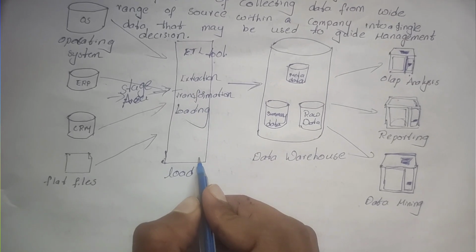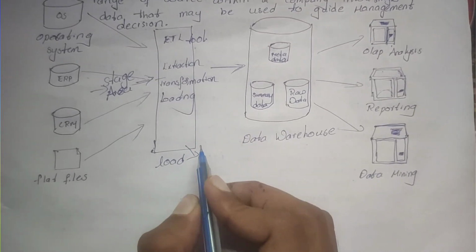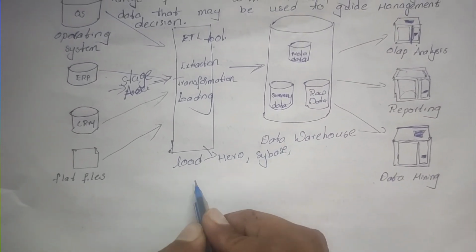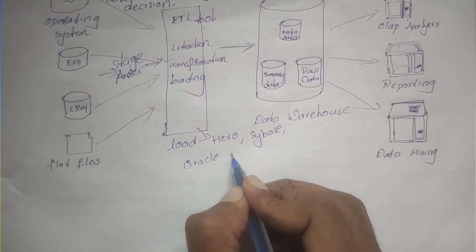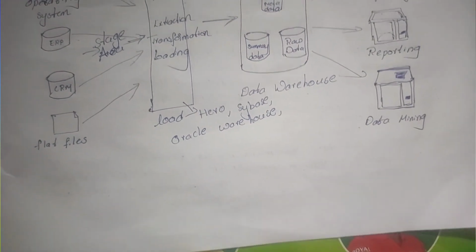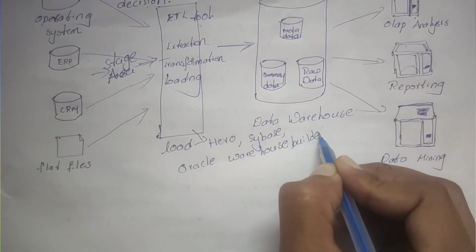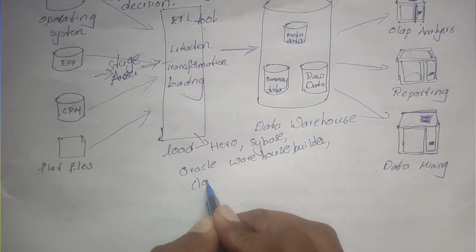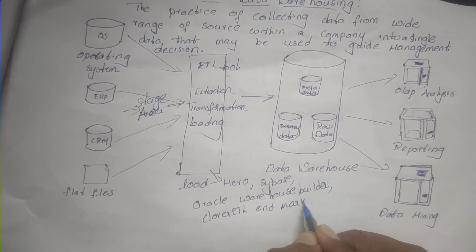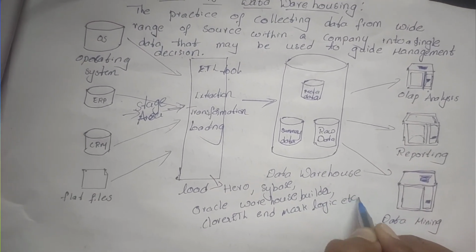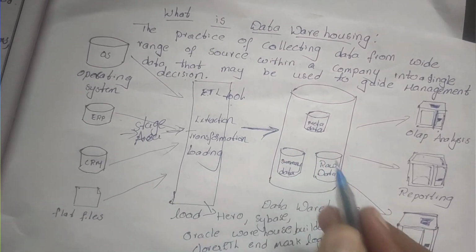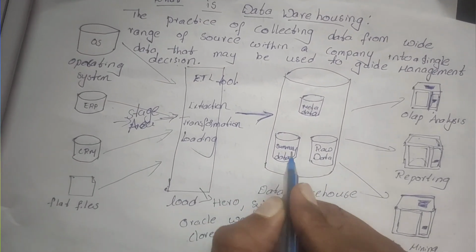Here the most commonly used ETL tools are Hevo, Sybase, Oracle Warehouse Builder, Clever ETL, and MarkLogic, etc. And then it's loaded into the data warehouse.